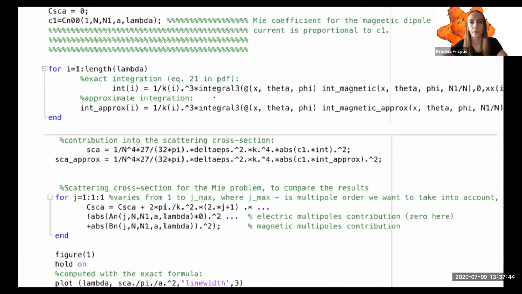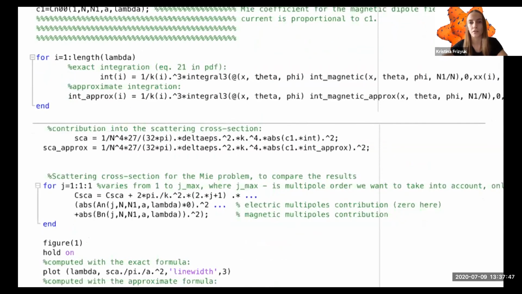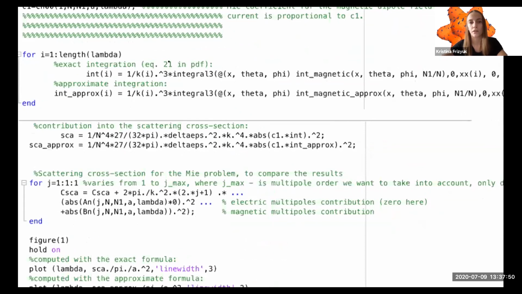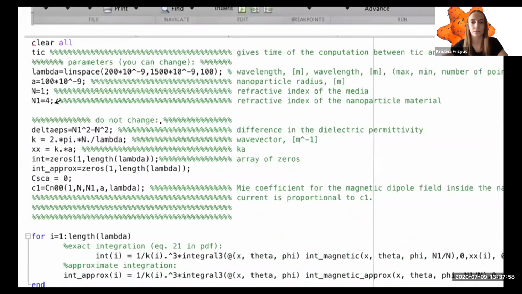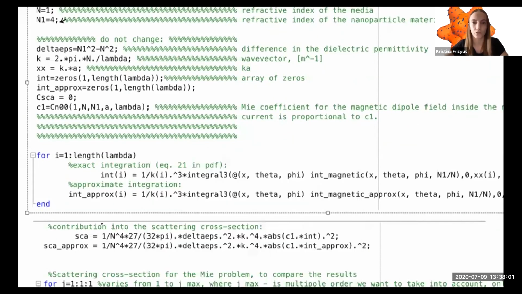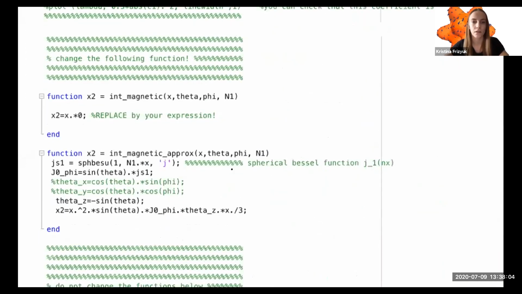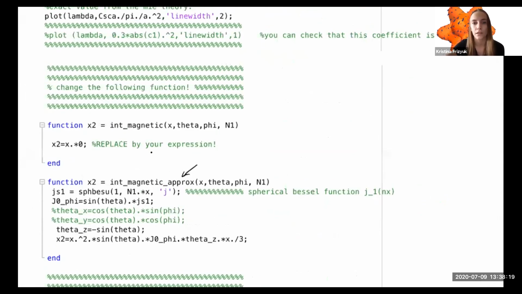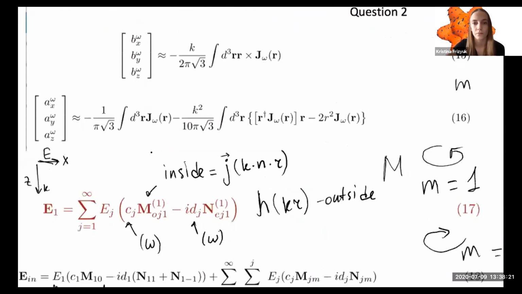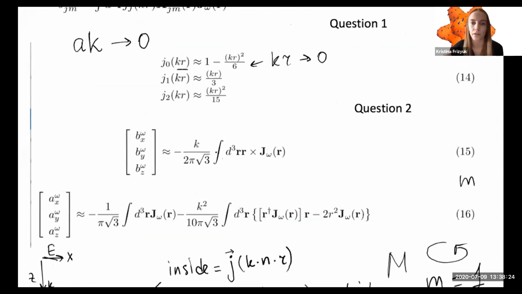And here you have functions. Here this integral is written. So this is just this formula, and it computes two cases. By this function, it computes exactly the integrand of the approximate formula. So this function is what you get if you substitute your current here.